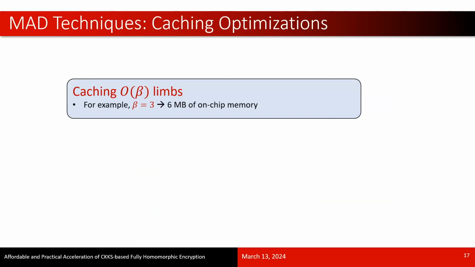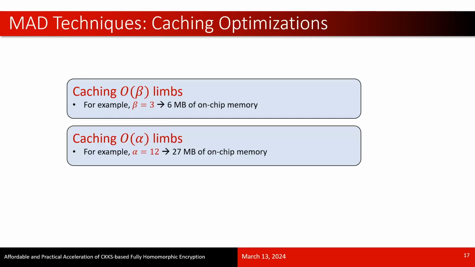Next, we have 3 other caching optimizations that work with 3 different cache sizes to enable further optimizations within the key switch operation. For example, the caching beta limb optimization gets enabled with a 3 MB cache and enables caching of beta digit limbs during ModUp and ModDown operations.